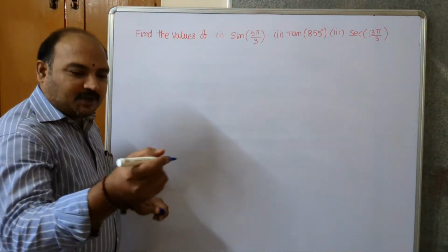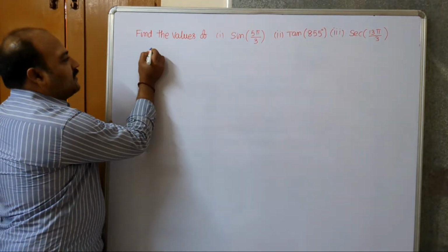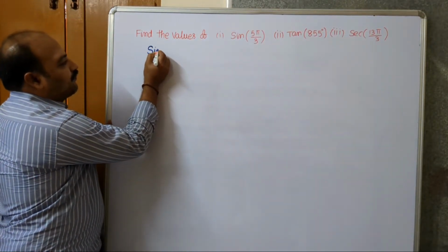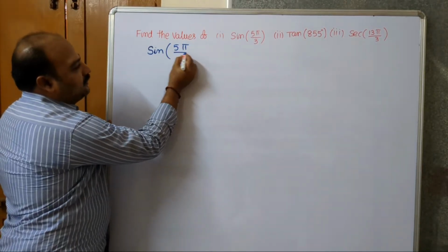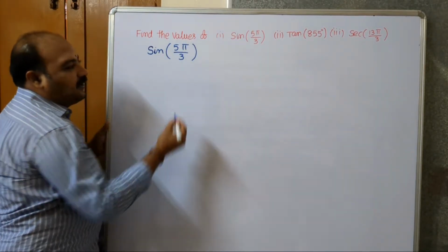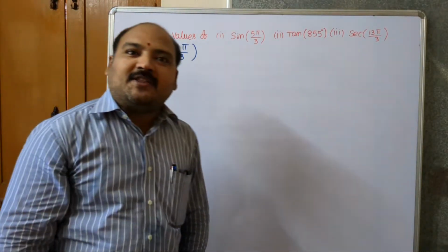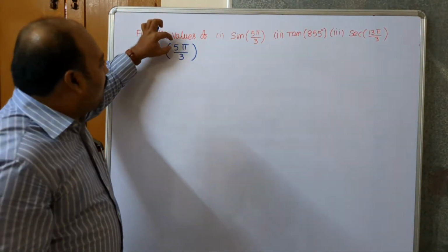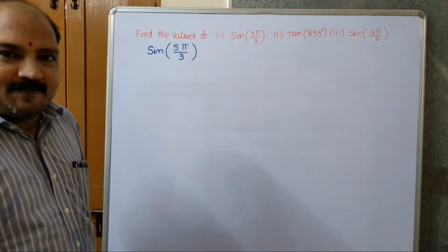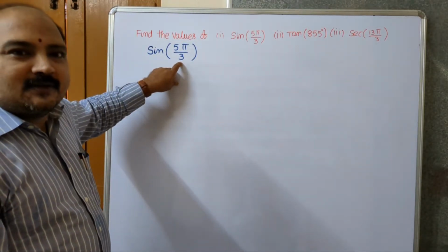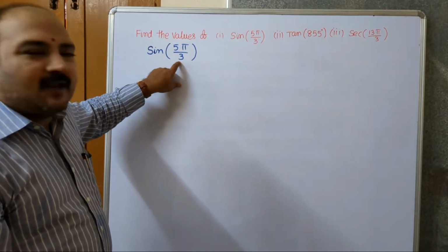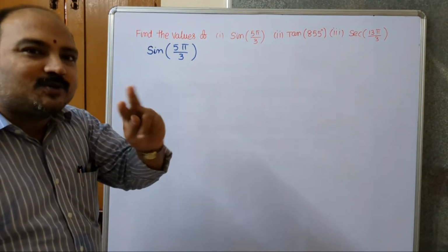So first question here, sine 5 pi by 3. Observe the students carefully. Sine 5 pi by 3. 5 is nearer to 6. So 6, 3, how many times is it going to divide? 2 times.